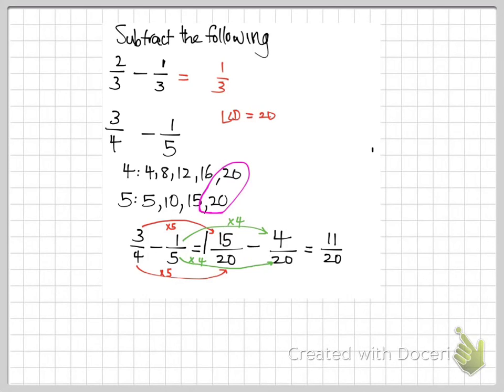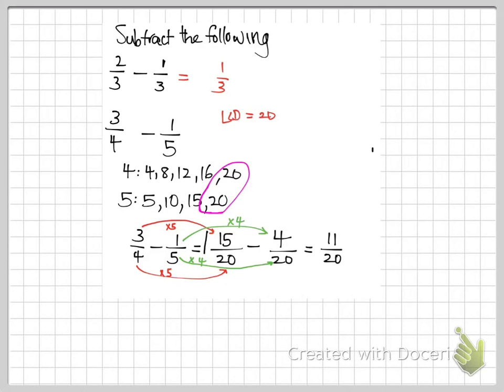Now I do the same for 1/5. I need to get an equivalent fraction with a denominator of 20. If I follow the green line now, I get 5 times 4 gives me 20 at the base, or the denominator. I need to do the same for the numerator. Following the green arrow again, I get 1 times 4 is equal to 4. So I've got 4 over 20 as an equivalent fraction.